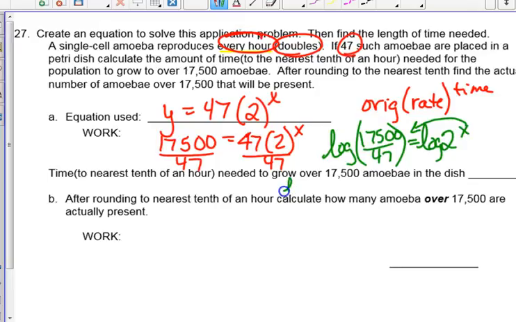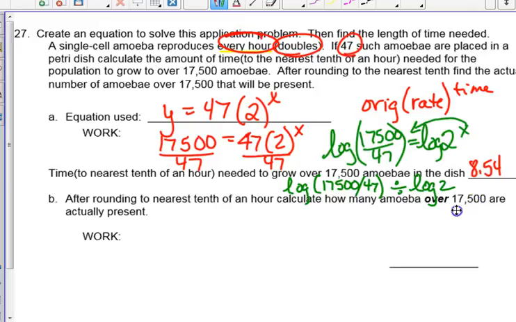So I end up typing the log of 17,500 over 47. And then I'm going to have to divide that by the log of 2. Got 8.54. Nearest tenth of an hour is 8.5.